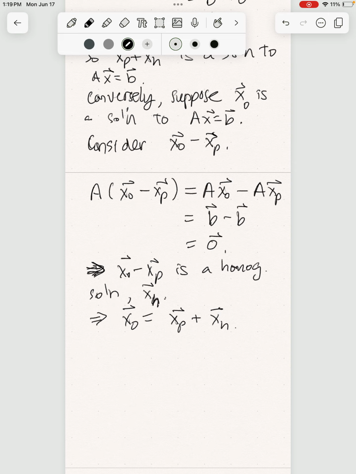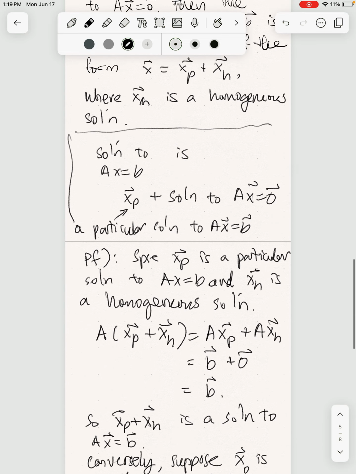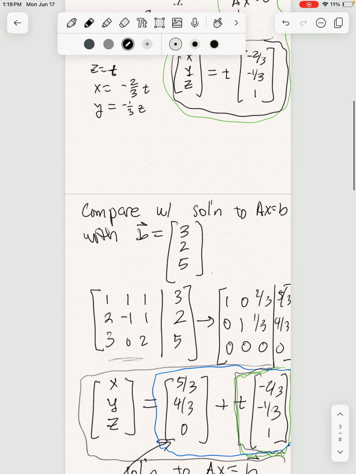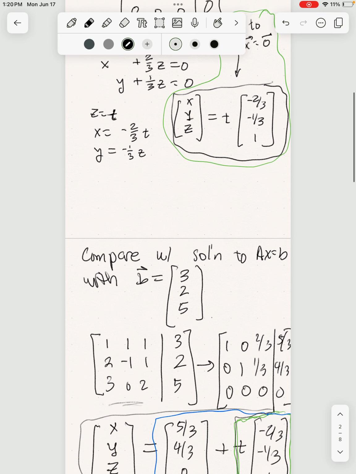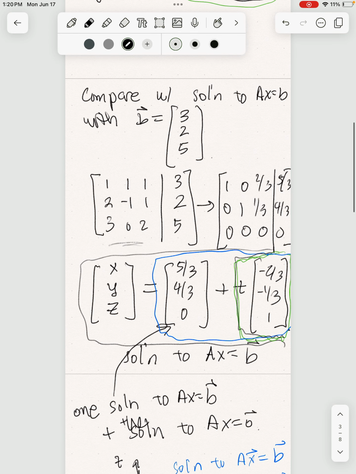And similarly, in this example, when we solved Ax equals 0, we got a line. Then if Ax equals b has a solution, so let's say your b makes it so that Ax equals b is consistent, then that solution must also be a line. So it's not possible for you to have the solution to Ax equals 0 be a plane, but somehow when you solve Ax equals b, you get a line. That just doesn't happen, okay?